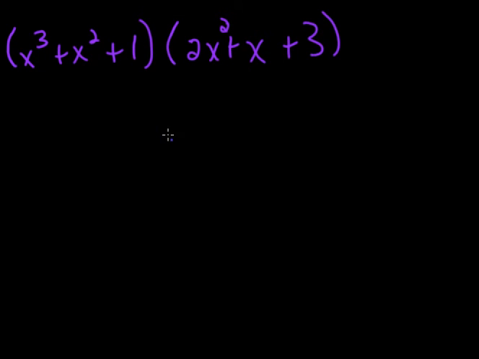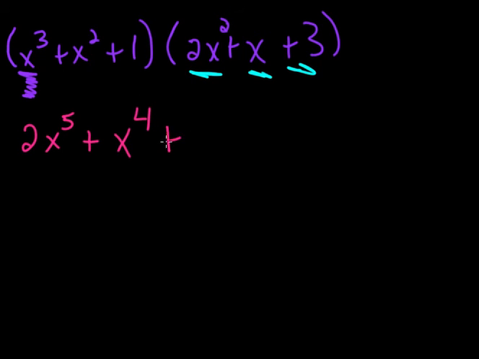The key, I start on the left, and I'm going to take x cubed, and I'm going to multiply it by each one of these things. So x cubed times 2x is 2x to the 5th. X cubed times x is x to the 4th. And x cubed times 3 is 3x cubed. And I pencil off, I've done this.